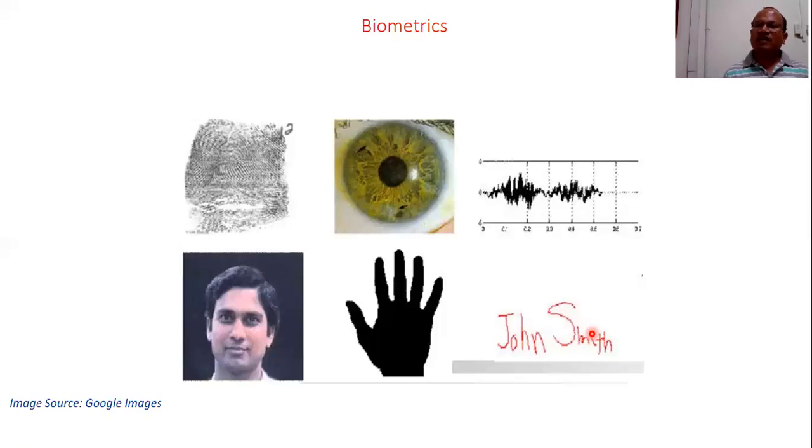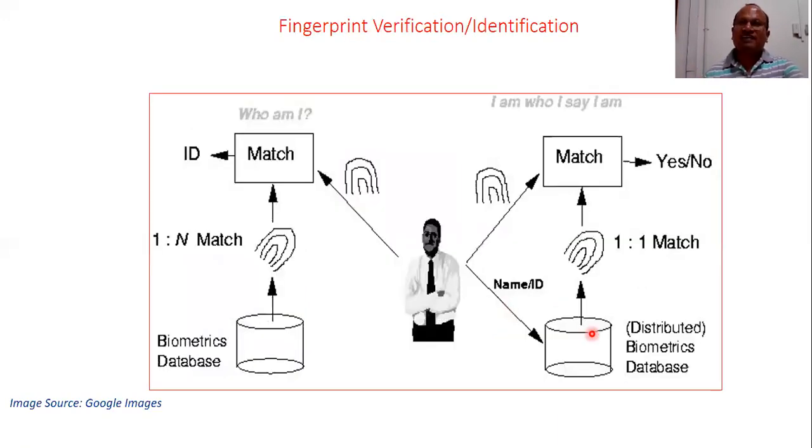There is a difference between identification and recognition, but this is not the agenda of this lecture. When we discuss biometrics in detail, then we'll talk about the difference between identification and recognition. Probably here it is. And in the second slide, you can see here, this is verification and identification. Verification this side, identification this side. Verification means you just verify whether one to one matching is there or one to n matching is there.